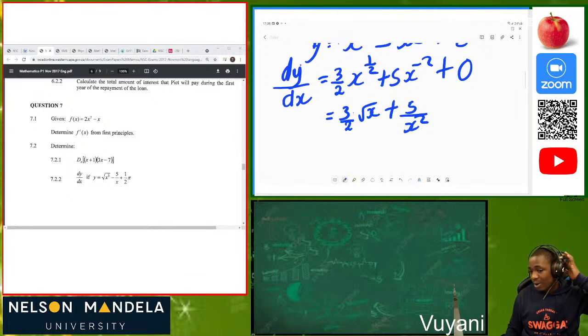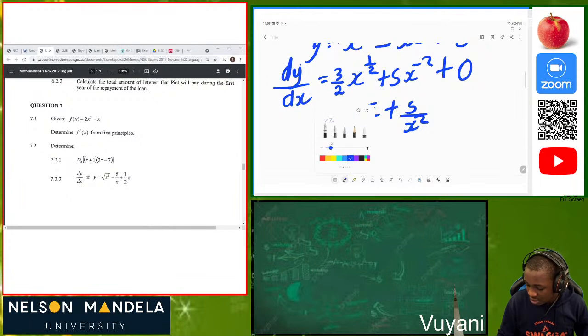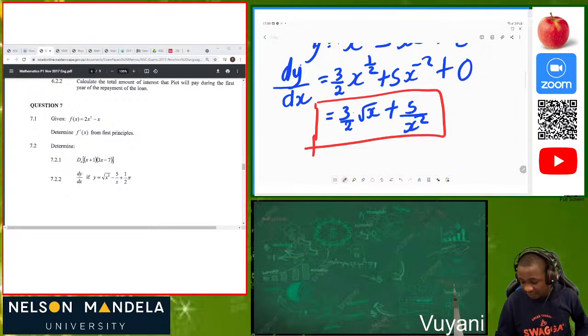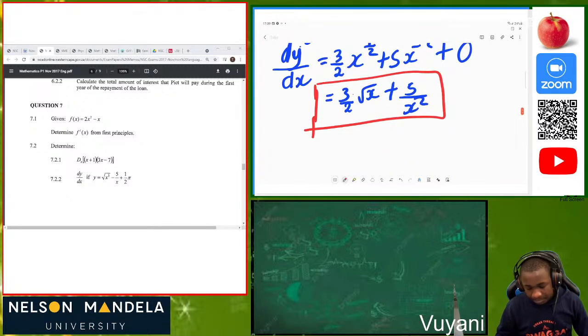This one is not essential, but if they say leave it in positive exponents, you just leave it in this format: 3 over 2 times the square root of x, plus 5 over x squared. That's always the case, guys. Okay. Let's move forward.